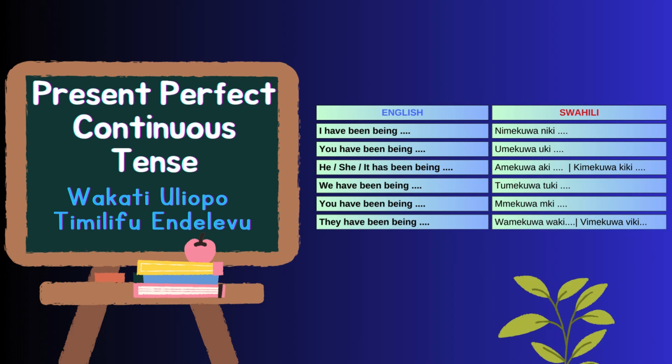For example, you have been being a great friend to me. He, she, it has been being. For example, he has been being very helpful. She has been being honest. It has been being a challenging experience. We have been being. For example, we have been being supportive. You have been being. For example, you have been being responsible students this term. They have been being. For example, they have been being excellent role models.